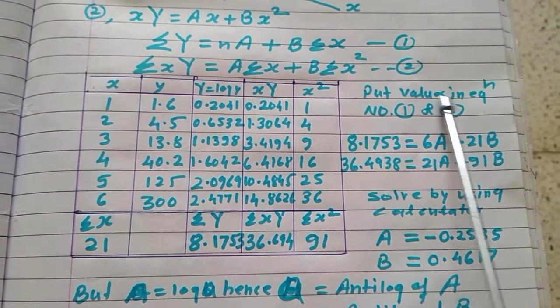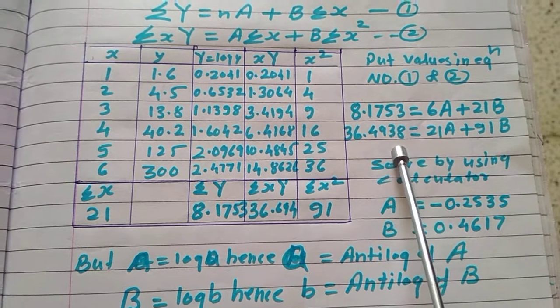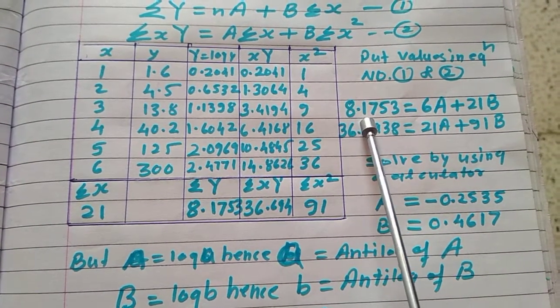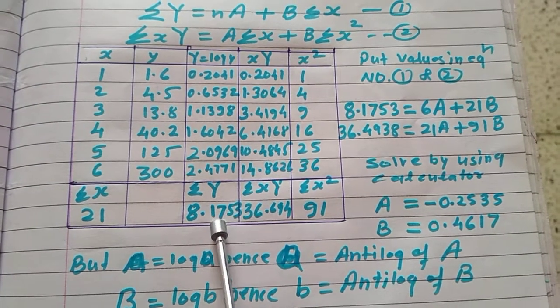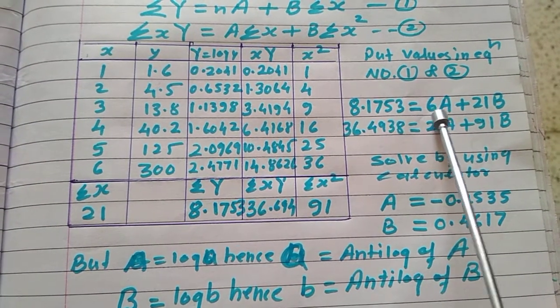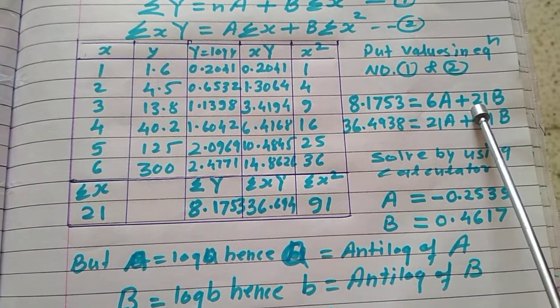Now put values in equation number 1 and 2. So when I put the values, this becomes 8.1753 for summation of capital Y, where N means the number of terms given, 1, 2, 3, 4, 5, 6, plus 21 B for summation of x.